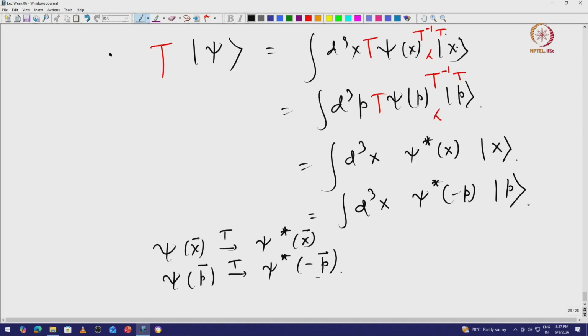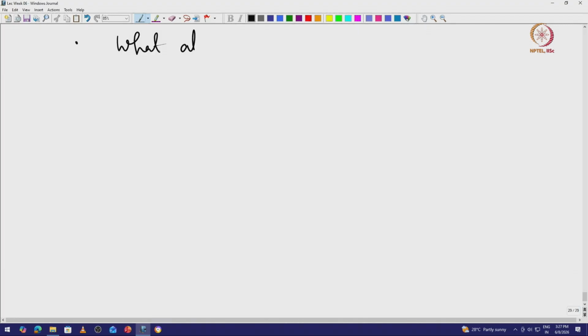Okay. What about spin? So, what we can do is that we can just do it for any spin or any total angular momentum.